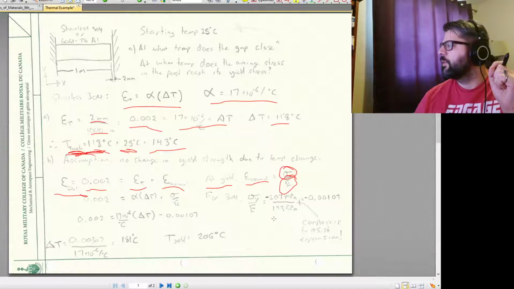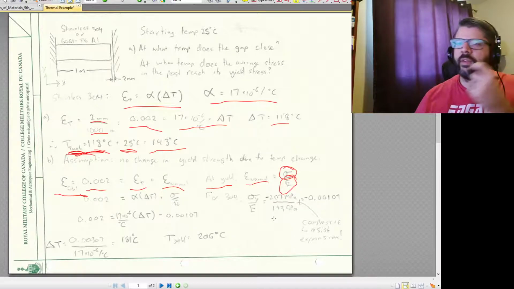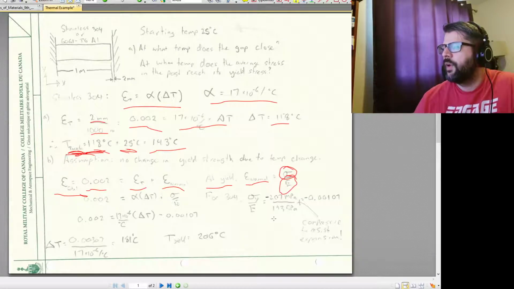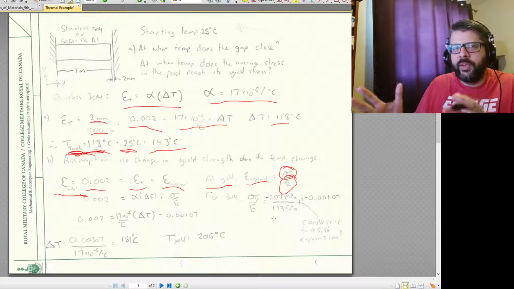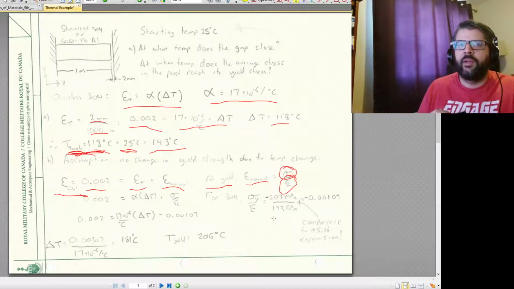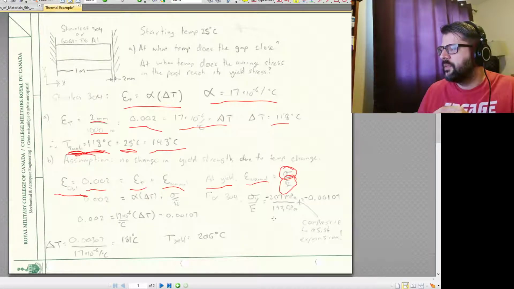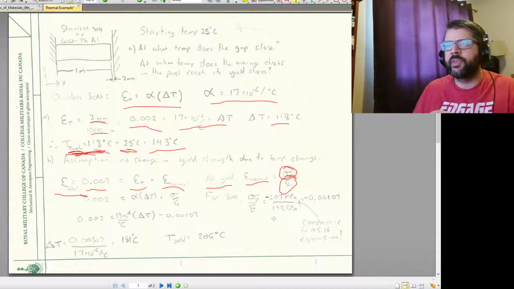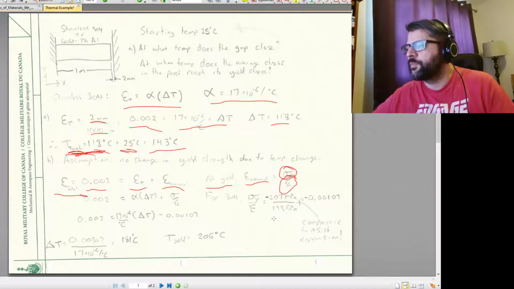Again, we're going negative because the stress state is going to be compressive. Once it hits the wall and tries to expand further, the wall is going to push back.